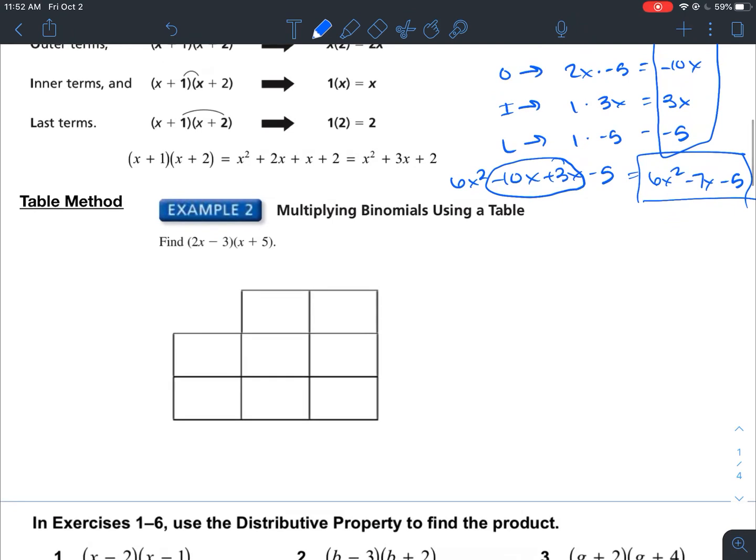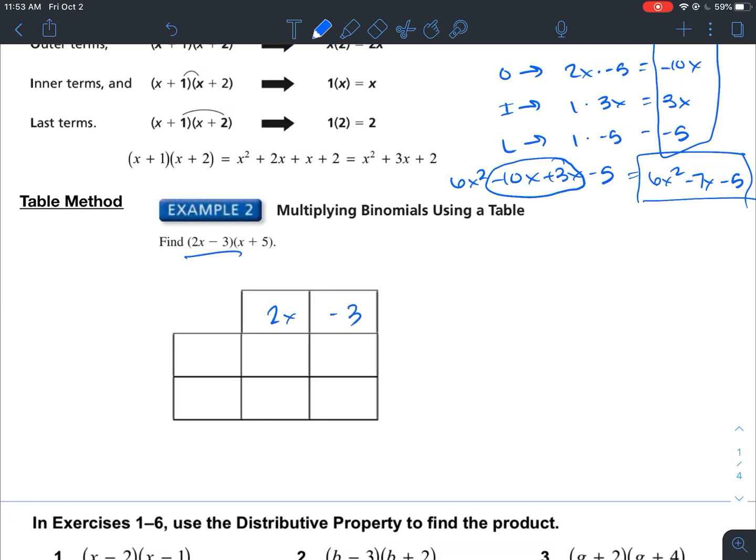And now we have the table method. So we have this table right here, right? What you're supposed to do is take the terms from one binomial and plug them in here, and the terms from the other binomial and put them into these boxes. So we do 2x and negative 3, right?